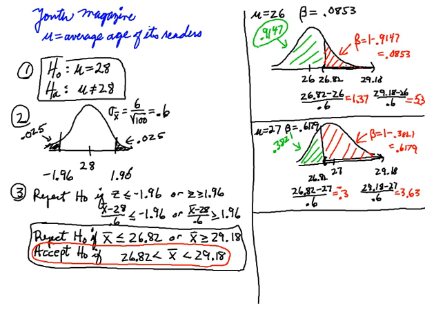And the sample of size 100 doesn't have much power if the real average is within 1 year of the 28. It had a lot more power if the actual average age was within 2 years.